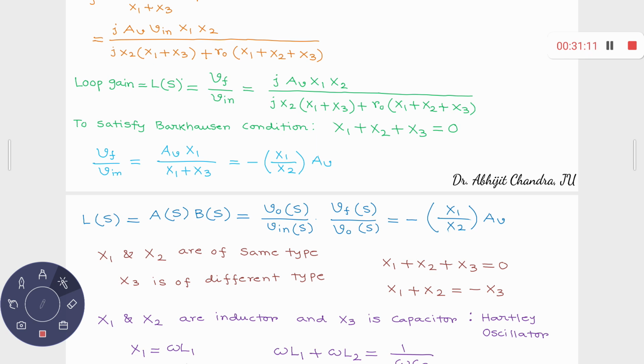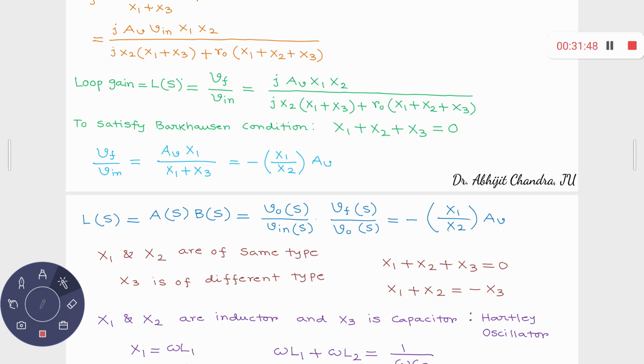Once again, you have to ensure that this loop gain is a real number. And you are getting it as minus x1 by x2 times AV. So how can you expect that it's a real number? AV is a real number. So therefore, x1 and x2 must be of the same type. Either both of them are inductor or both of them are capacitor. If both of them are inductor, then omega L1 by omega L2.